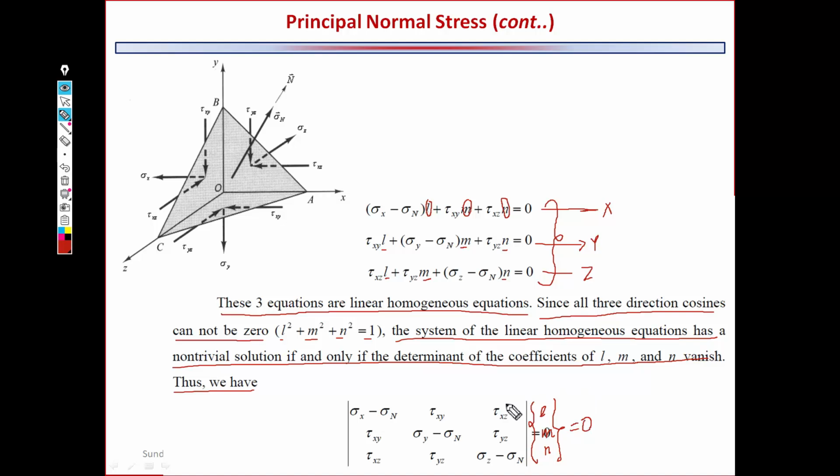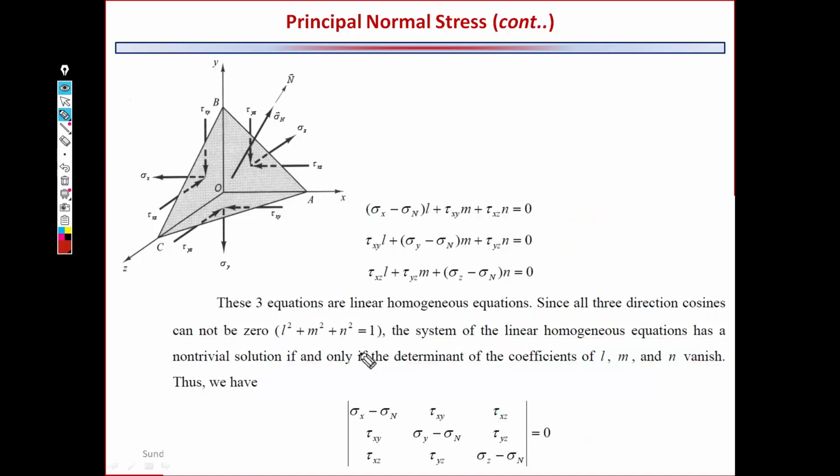Now this is the same equation that we have earlier studied. It is in terms of A minus lambda I. So again, to find the values of the principal stresses, we will get a cubic equation if A is a 3 by 3 matrix. Over here we have assumed a three-dimensional space, so A will be a 3 by 3 matrix and I is an identity matrix.